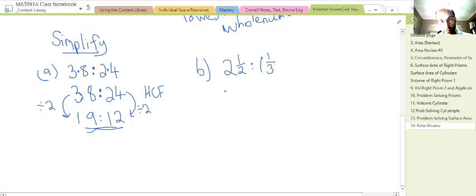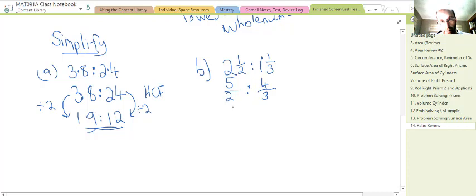But before we do that, you may wish to write both parts of the fraction as an improper fraction. So 2 1/2 is 2 times 2 plus 1, which is 5 over 2, and 1 1/3 is going to have something on 3. 3 times 1 is 3, plus 1 is 4. So we have 5 halves is to 4/3.